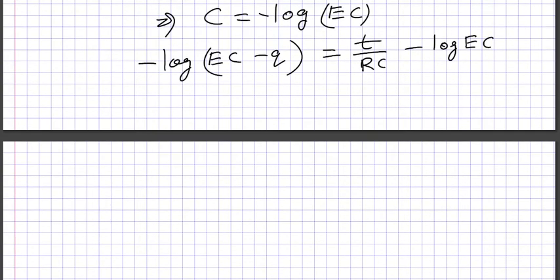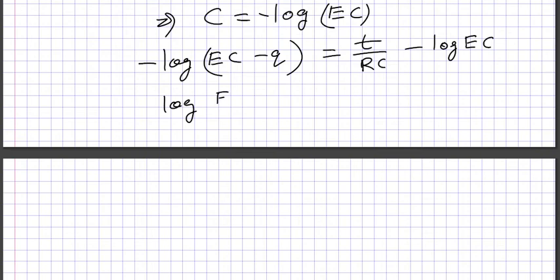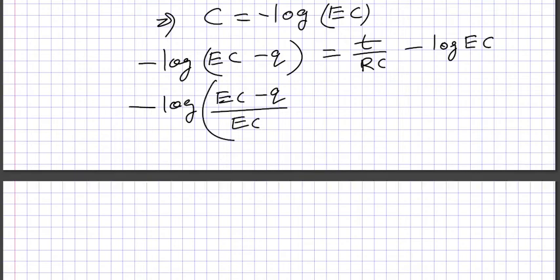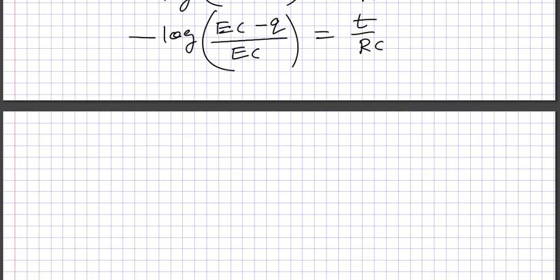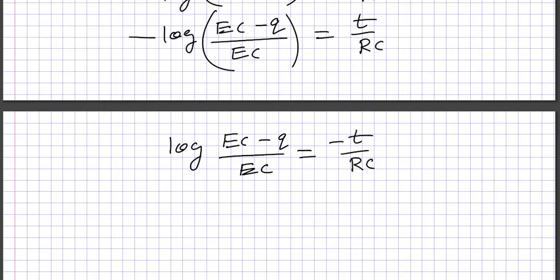Bringing the term on the right hand side to the left hand side, what we get is log (EC minus q) by EC is equal to minus t by RC.